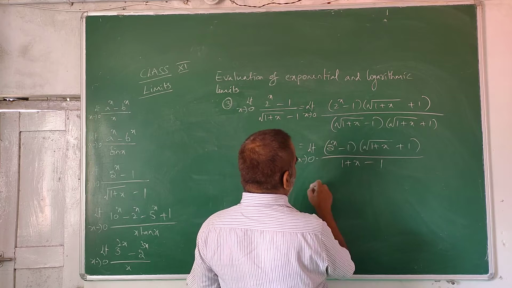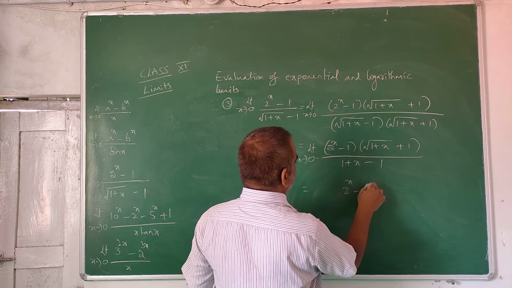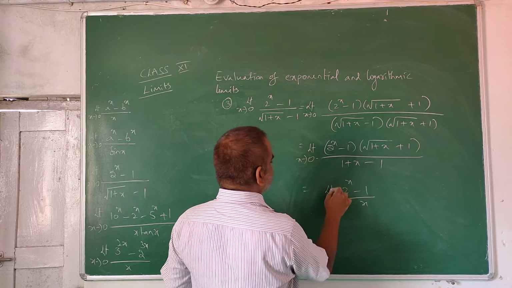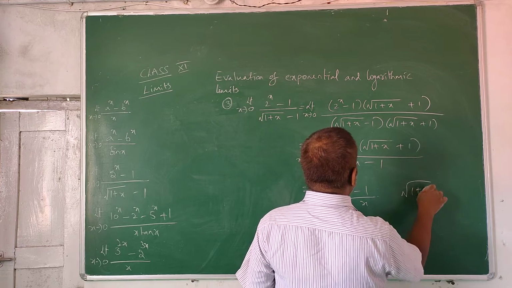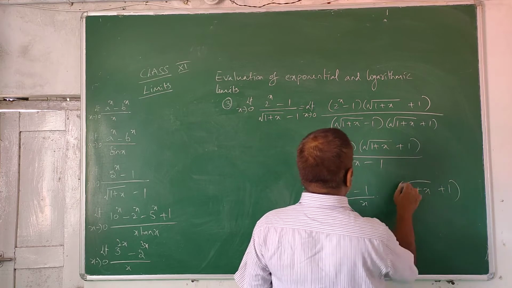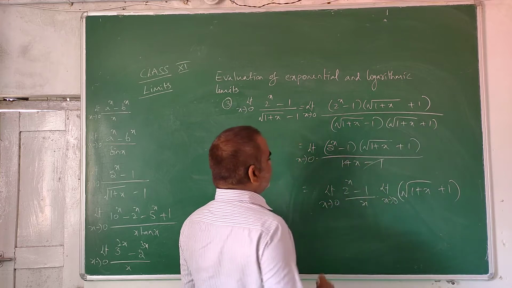Now this plus 1 minus 1 get cancelled. Then 2^x minus 1 by x, limit x tends to 0, into root(1 plus x) plus 1, limit x tends to 0. Now you can write like this after cancelling minus 1 and plus 1.